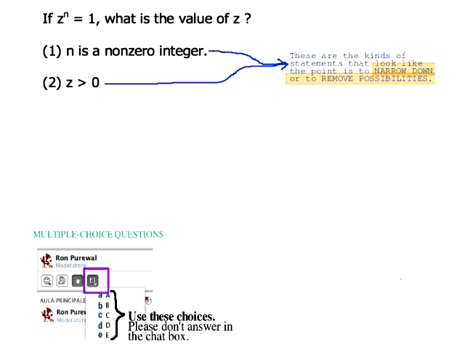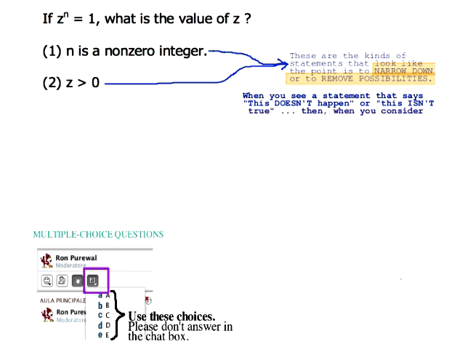So when you see a statement that says this doesn't happen, or this isn't true, then when you consider the other statement, always think about the flip side.